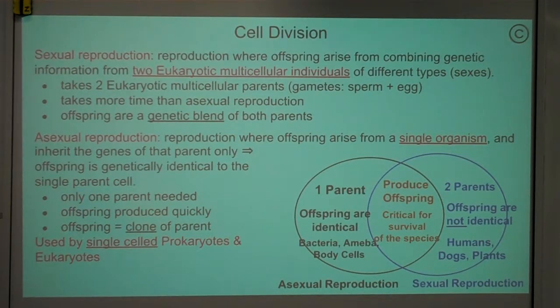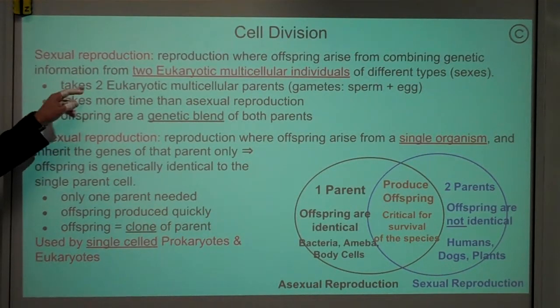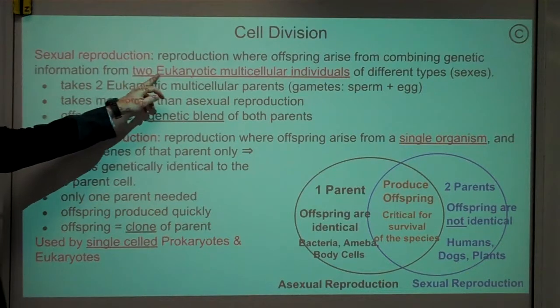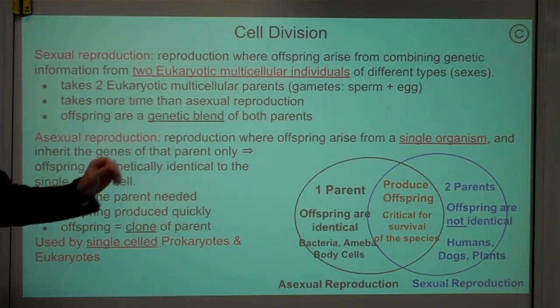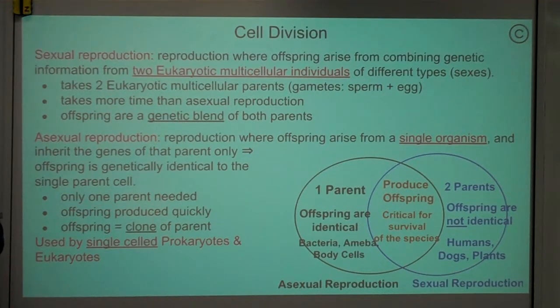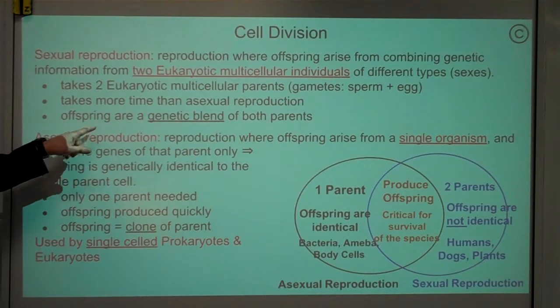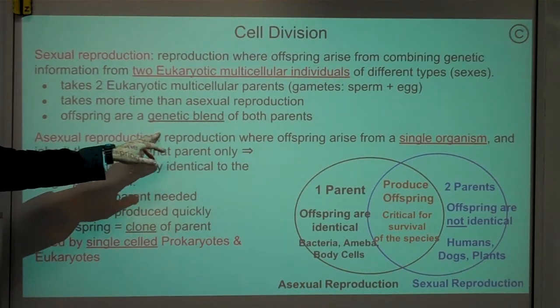Sexual reproduction is the combination of cells from two eukaryotic multicellular individuals. It's eukaryotic and multicellular. It's never prokaryotic, and it's never single-celled for sexual reproduction. It takes time and a little bit more energy, but you get a genetic blend.